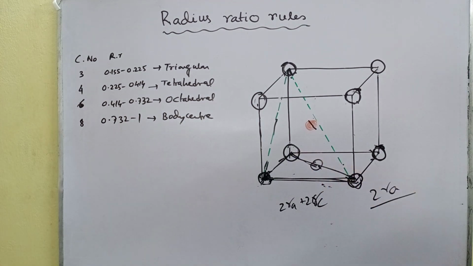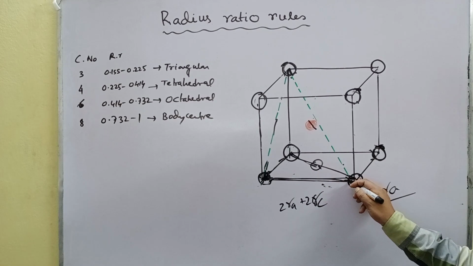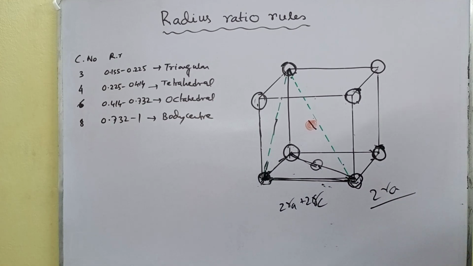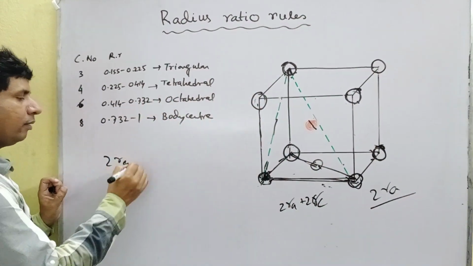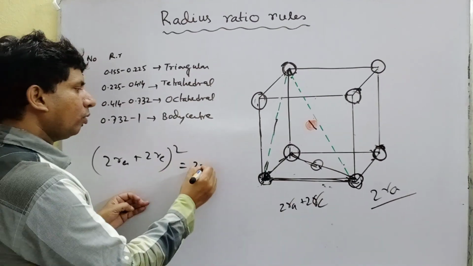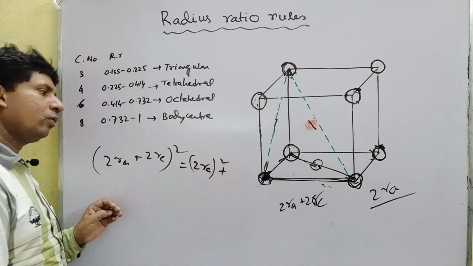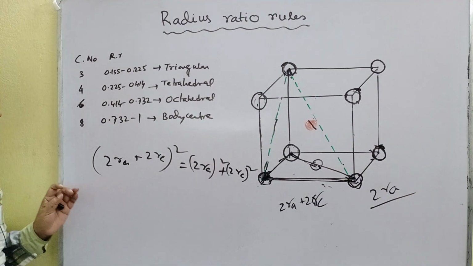So this is the face diagonal. So the hypotenuse square equals this one square plus this one square: (2RA plus 2RC) square equals (2RA) square plus (2RA) square. Clear?